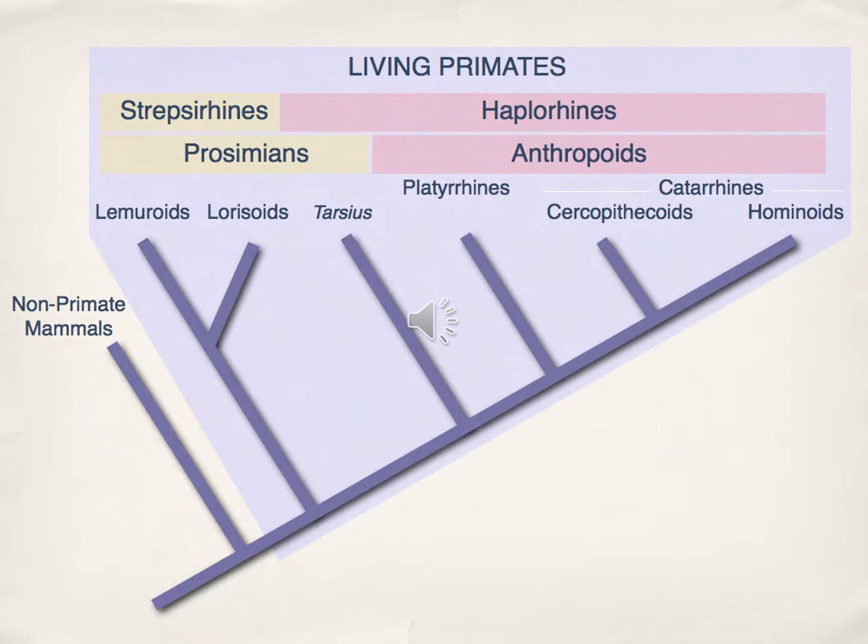So instinctively, we put them at the base of the tree because of all the traits that they share with the more primitive non-primate mammals, but we also find them the oldest in the fossil record. That's why they're also at the base of the tree. So this tree also mimics the history of the fossil record of primates on Earth.